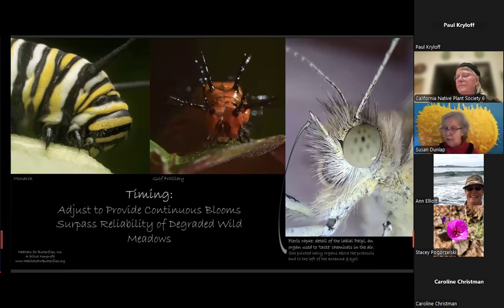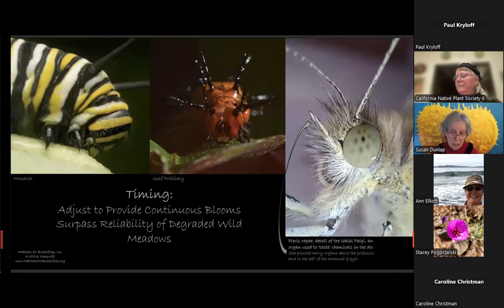If we create refueling networks, we surpass what degraded wild meadows provide, not by size, but by reliability. This is where gardeners can begin to practice habitat gardening that is beneficial and environmentally sound.